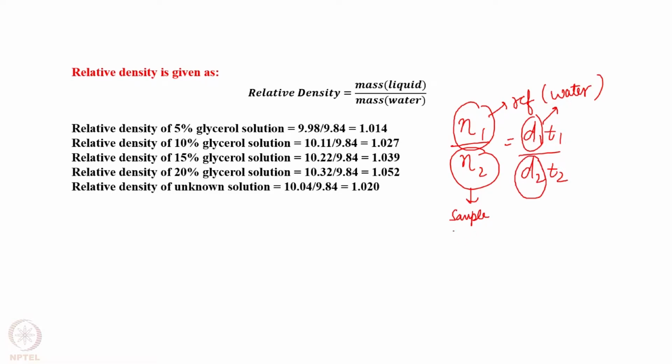So from this equation we can obtain eta 2 as d2 t2 upon d1 t1 into eta 1.